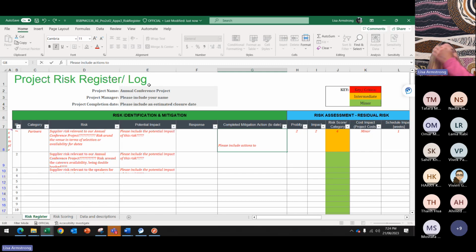Look at the local council, perhaps, for room hire, and also look at speakers from a local neighborhood center or local organization who have been delivering this sort of project on many occasions. Reviews have told us a 90% success rate, so perhaps we can look at those areas. Yeah, very good, Nadia.